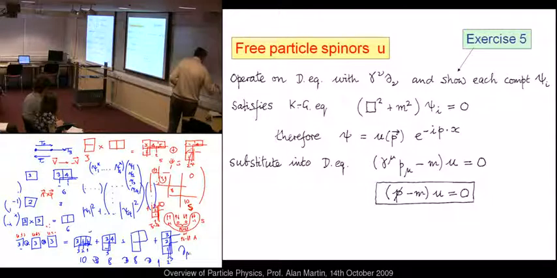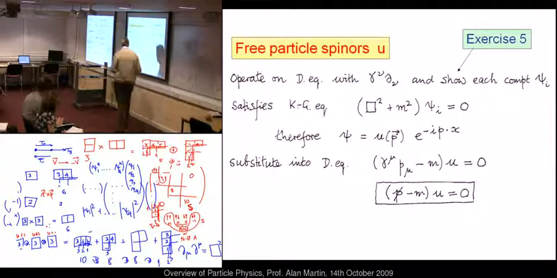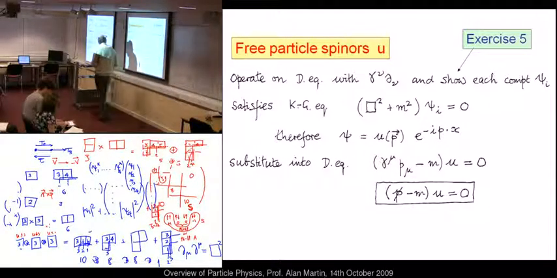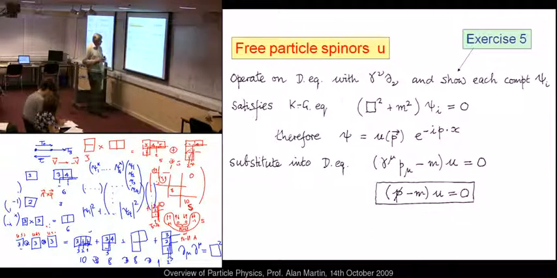Then you've just got to check that the rest comes in correctly. It's not a difficult exercise to show that on each component you have the Klein-Gordon operator. So each component satisfies the Klein-Gordon equation.